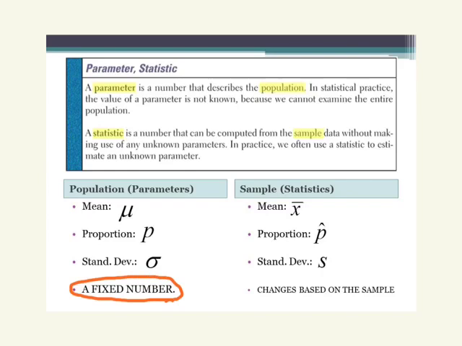Okay? Again, it's a truth about a population, and that's not going to change. Statistics, however, change based on the sample that we select. If you and I are both studying the same population but choose a different sample from that population, chances are we're going to get different values for our sample mean. Because again, those are estimates. Okay? We're trying to estimate the parameter using those values. And so sample values are not fixed like a parameter value is.